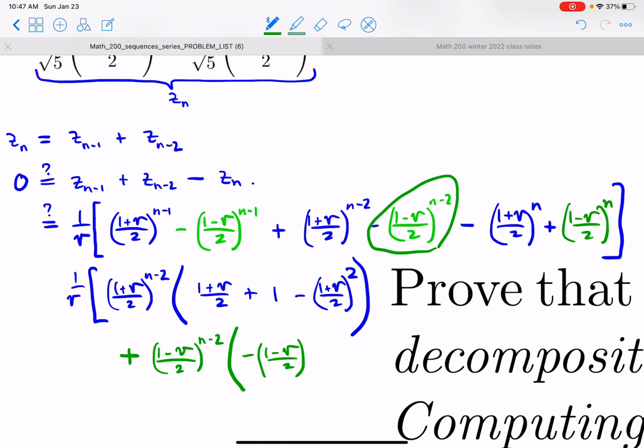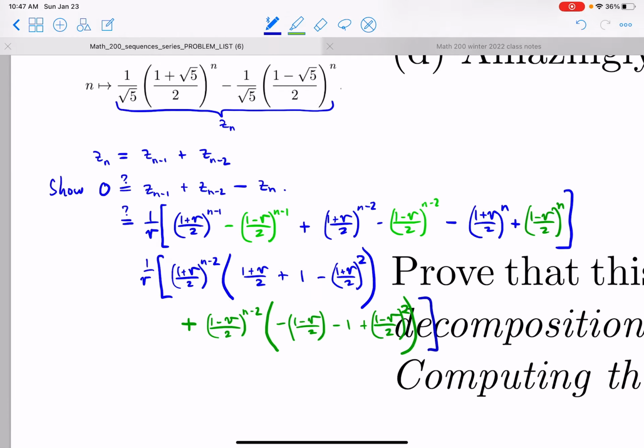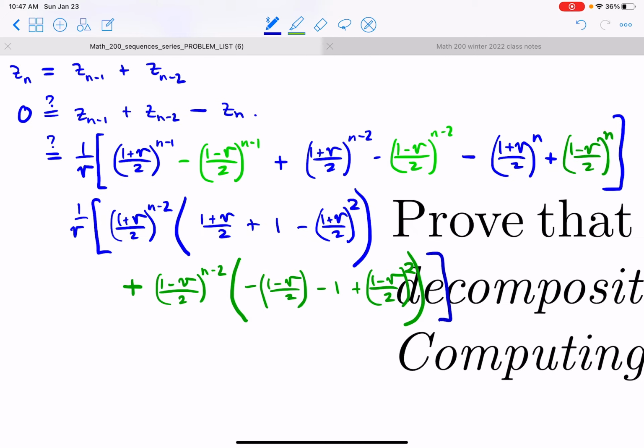Notice this has a minus sign, and I'm going to get a minus 1. And I pull it out of this one. I have two factors left over with a plus sign. Okay, and all I've done is I've recognized there are common factors. Pause the video until you see what I did.